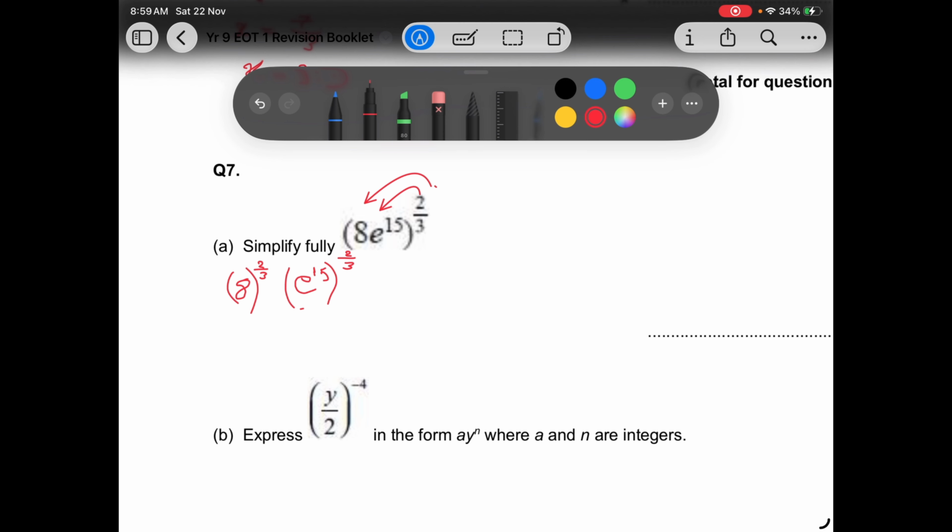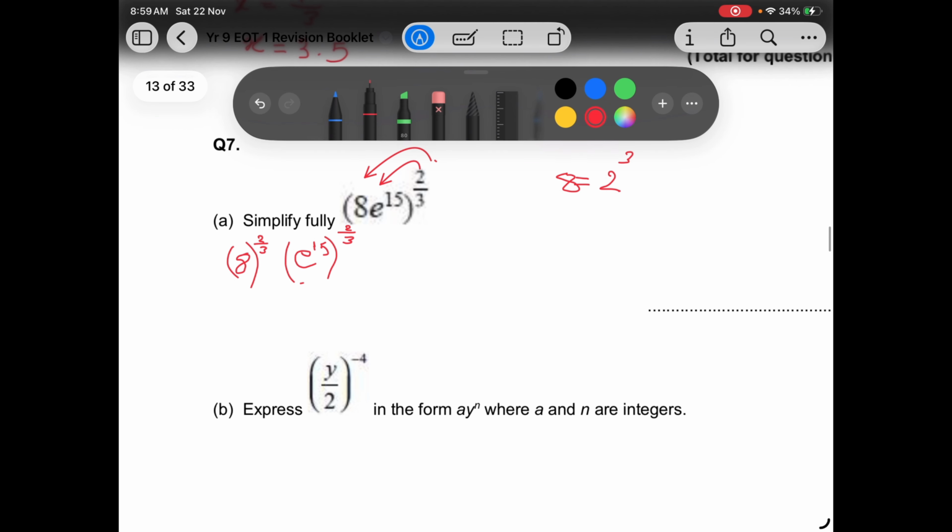Then you do know, guys, I will make 8 something to some power. So you know that one common thing here, that 8 is 2 to the power of what? Of 3. This will ease the simplification, so I can make it like this: 2 to the power of 3, all to the power of 2 over 3.